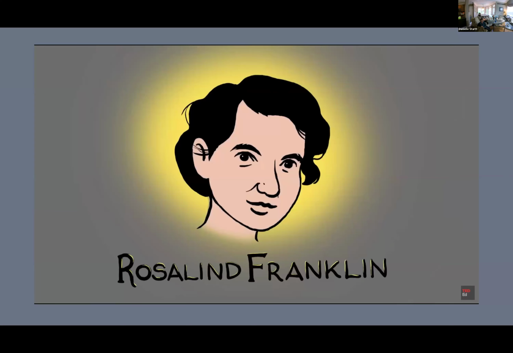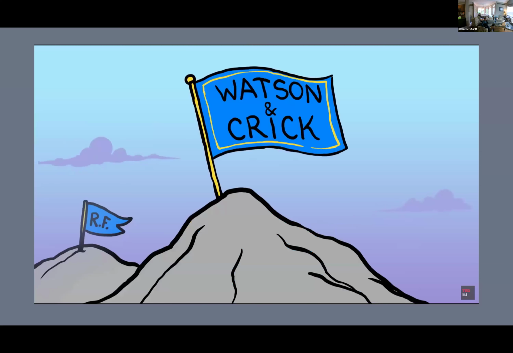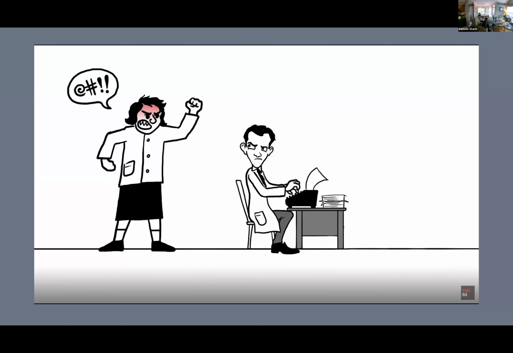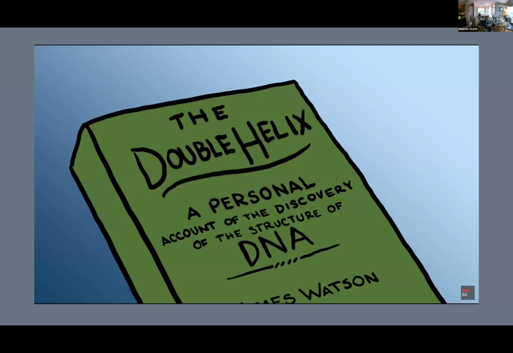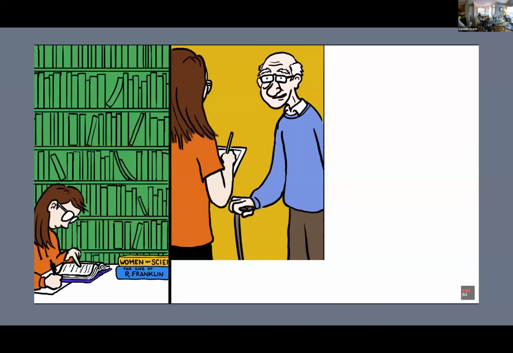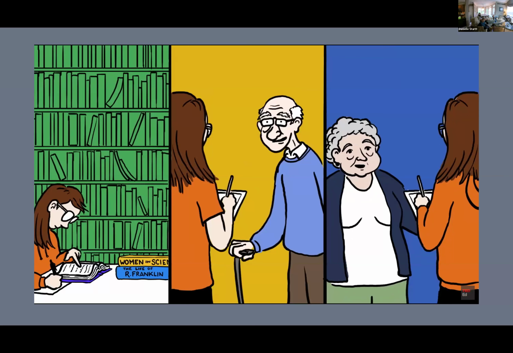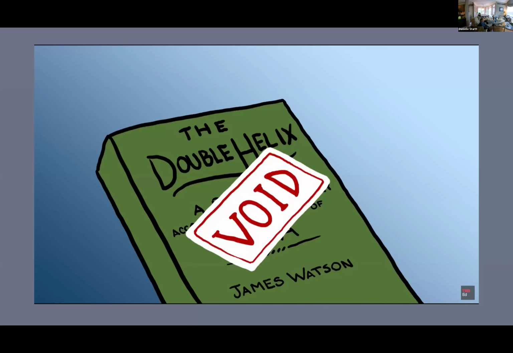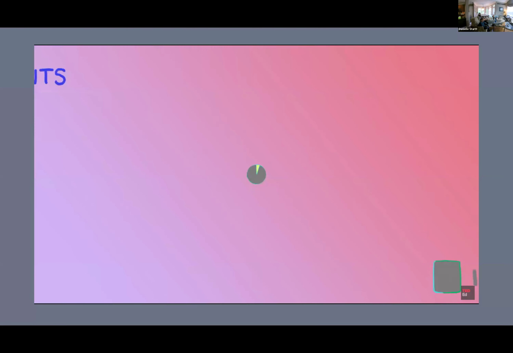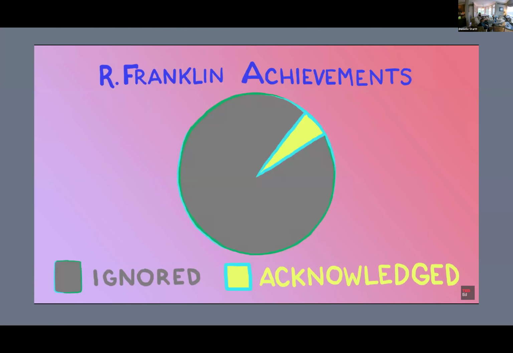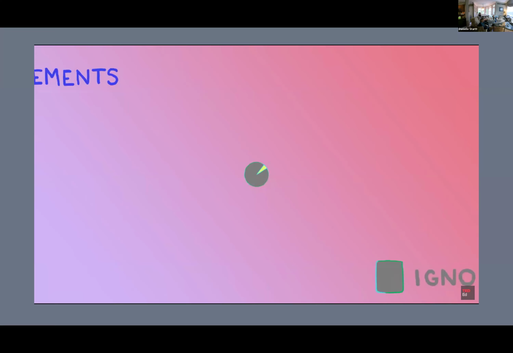You may have heard that her data supported Watson and Crick's brilliant idea, or that she was a plain-dressing, belligerent scientist, which is how Watson actually described her in The Double Helix. But thanks to Franklin's biographers, who investigated her life and interviewed many people close to her, we now know that account is far from true, and her scientific contributions have been vastly underplayed. Let's hear the real story.